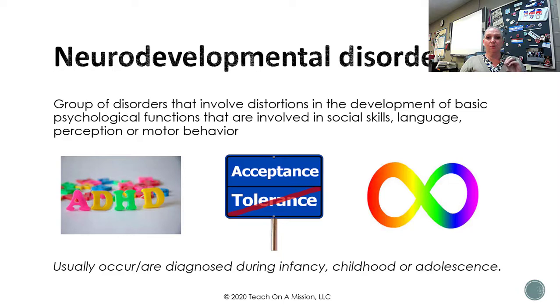And these disorders are biologically altering because of something in utero or from the environment. They involve basic psychological functions such as social skills, language, perception, or motor behavior, and are usually diagnosed during infancy, childhood, or adolescence.